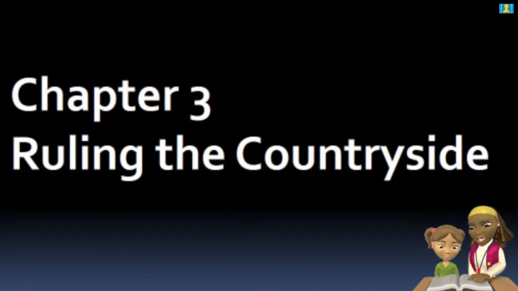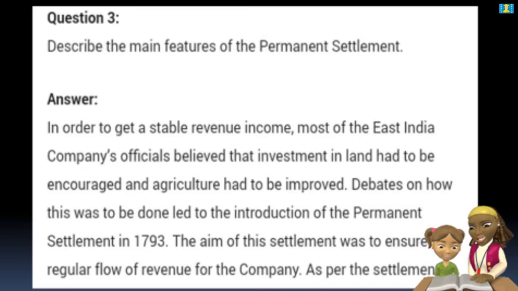Chapter 3: Ruling the Countryside. Question: Describe the main features of the permanent settlement. Answer: In order to get a stable revenue income, most of the East India Company's officials believed that investment in land had to be encouraged and agriculture had to be improved.